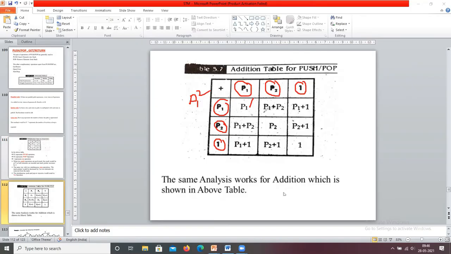P1 plus P2. So P1 plus 1 is P1 plus 1. P2 plus P1 is P1 plus P2, P2 plus P2 is P2, P2 plus 1 is P2 plus 1. So 1 plus P1 is P1 plus 1, 1 plus P2 is P2 plus 1, 1 plus 1 is 1. Okay, I hope you all understand this addition table.